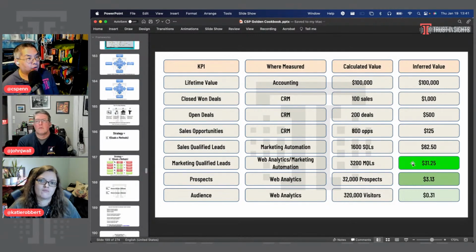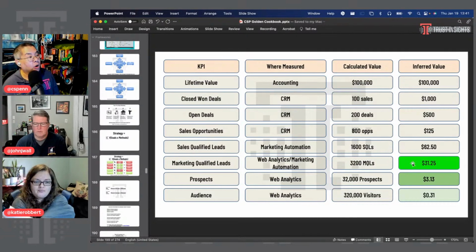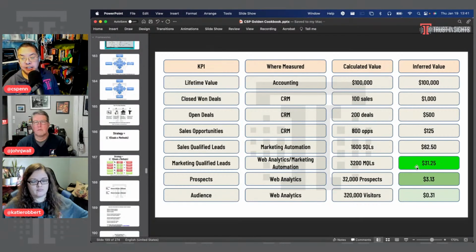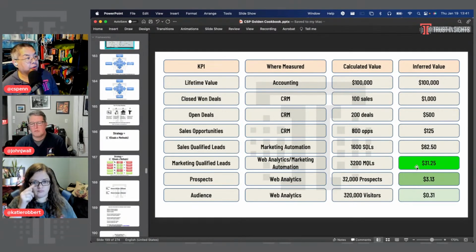If there's a form, like a request a demo, or a contact, or a shopping cart, or even something like people clicking on driving directions to your store or booking an appointment at your store, that's the number that goes in as your conversion value in your web analytics software.